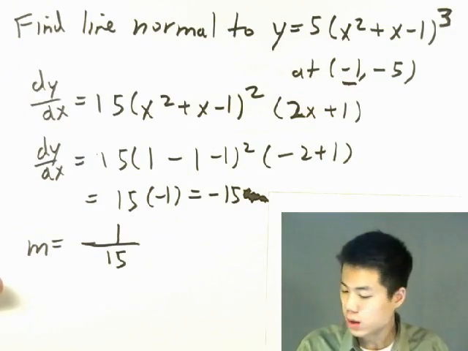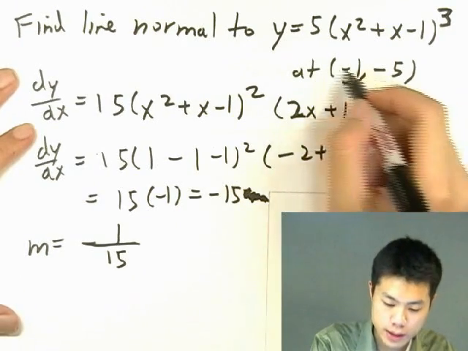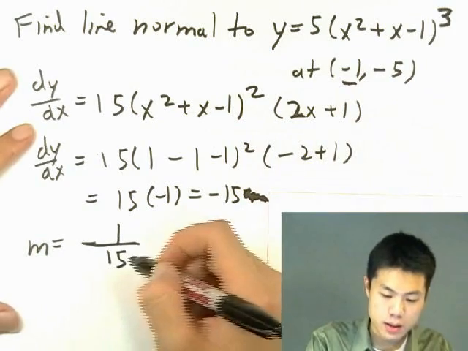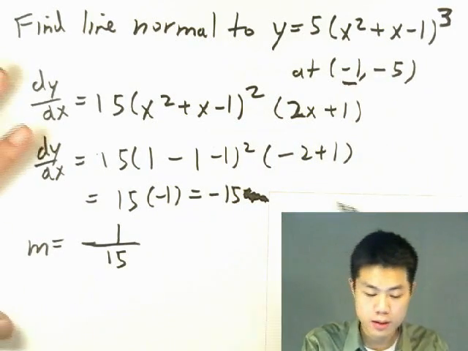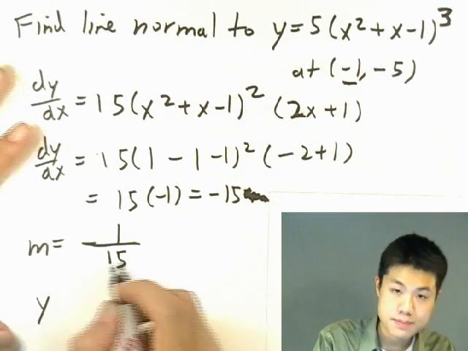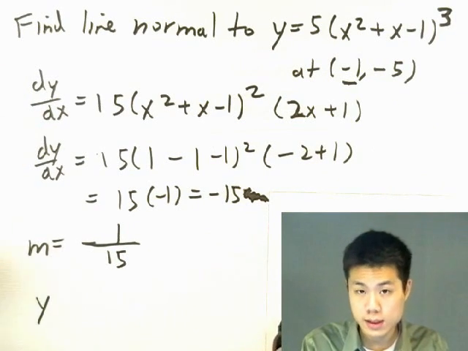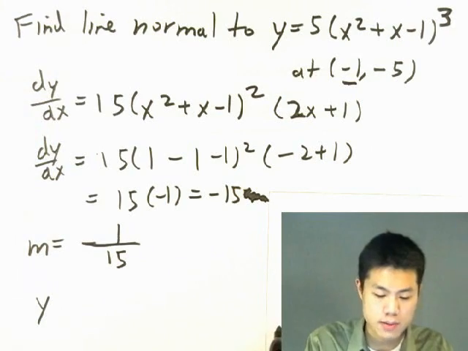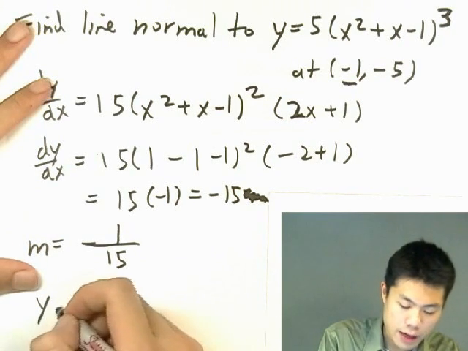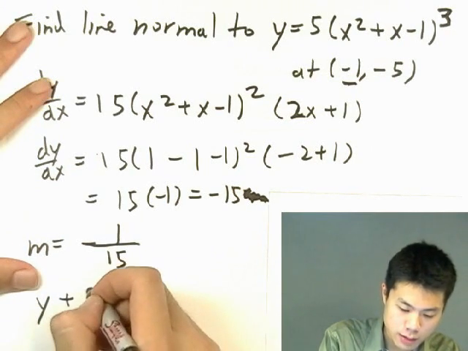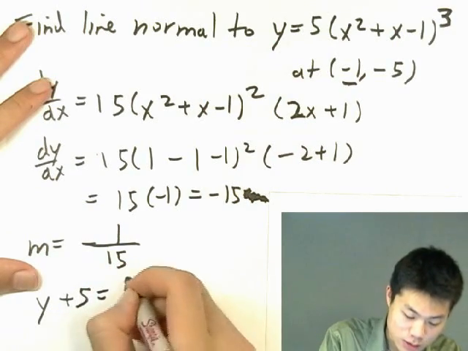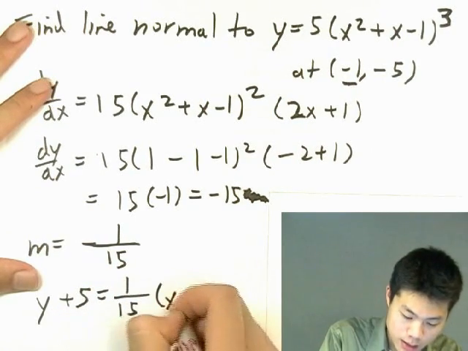So, since we have the point here, and we have a slope, using the point slope formula, we can find the equation of the normal line. So that's going to be y plus 5 equals 1 over 15 times x plus 1.